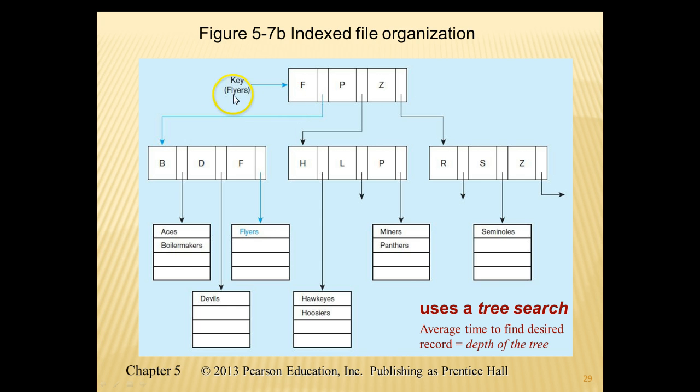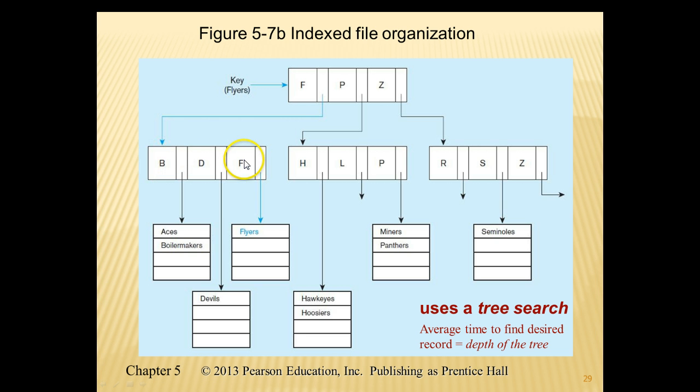So, for instance, if this has a tree type structure on the index file organization, and we're searching again for flyers, it goes to F, and it automatically goes down because that's the first value in that index, and goes down to the next part of that structure.